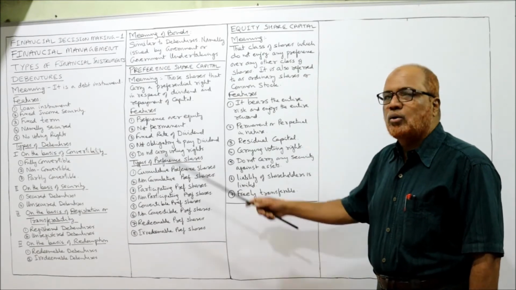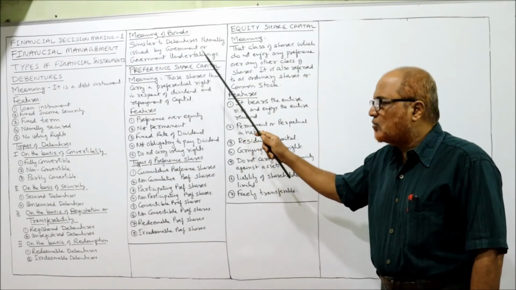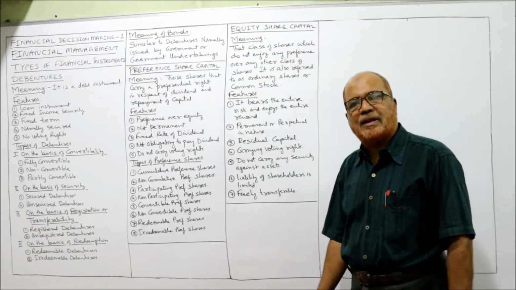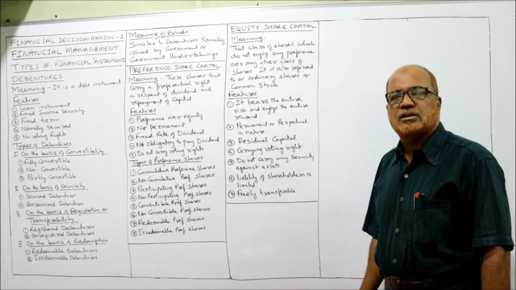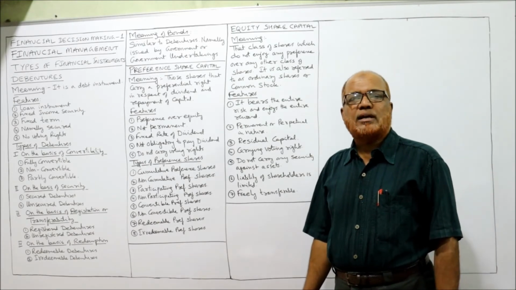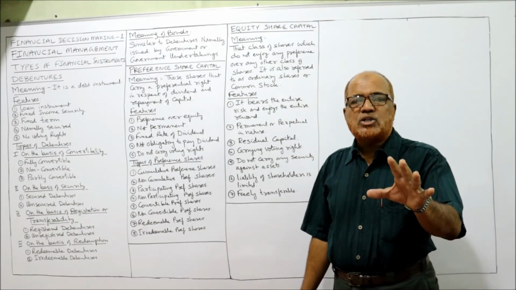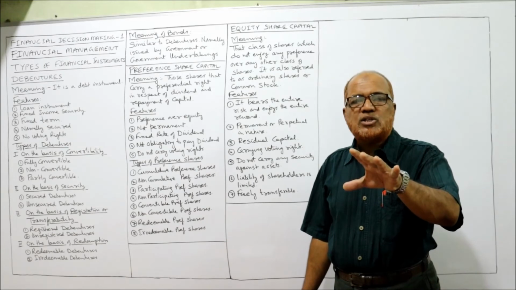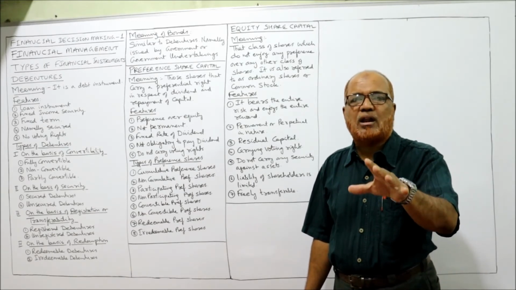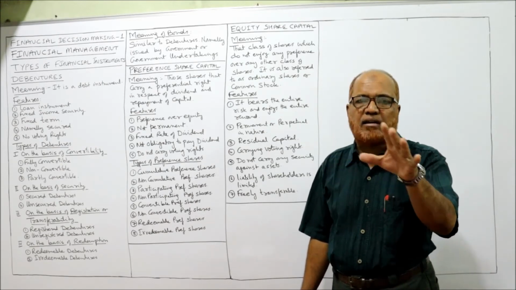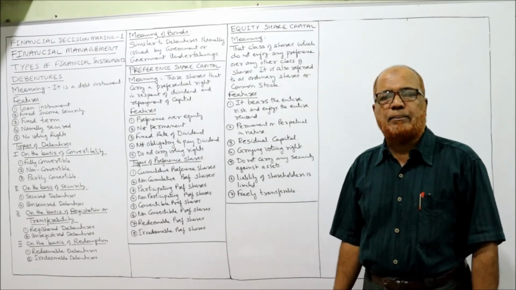So what I have explained to you is the meaning of the term preference shares and the different types of preference shares. Now the last topic is regarding equity shares. Equity share capital. So what are equity shares? First of all, meaning. Equity shares are those shares which do not carry any preferential right on dividend and on capital.